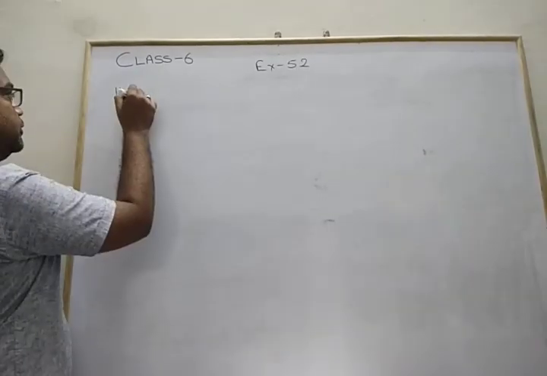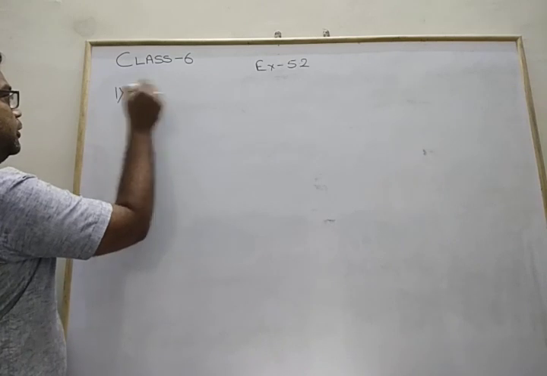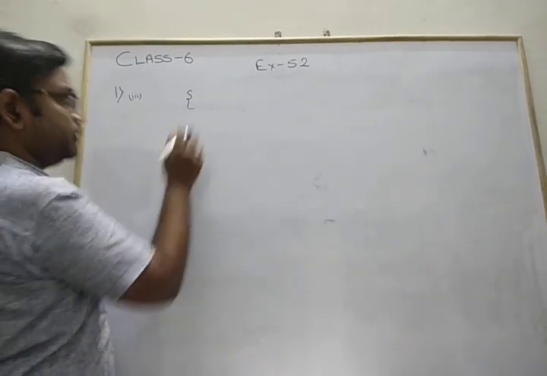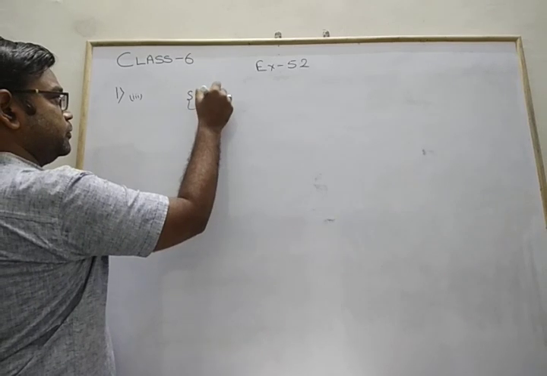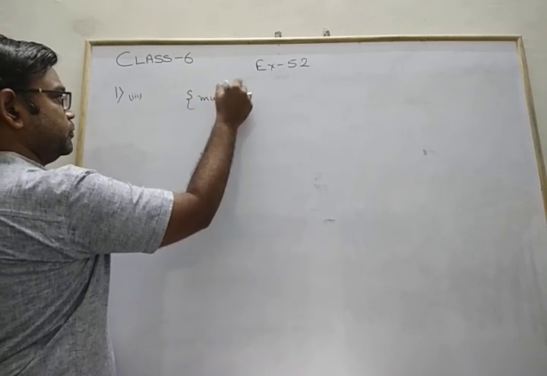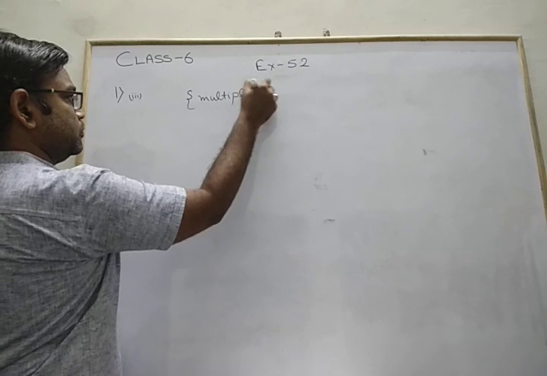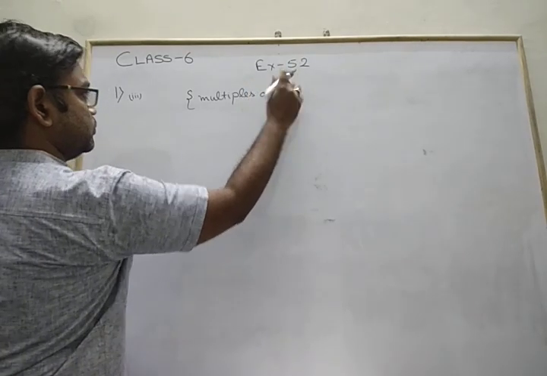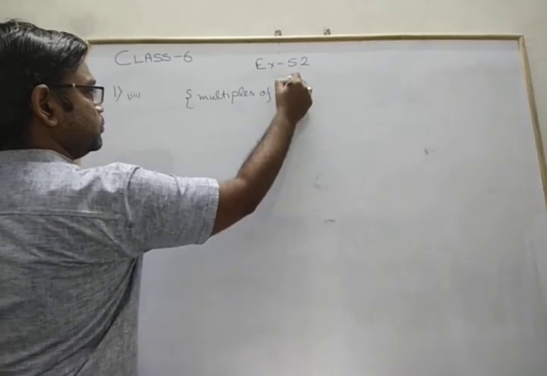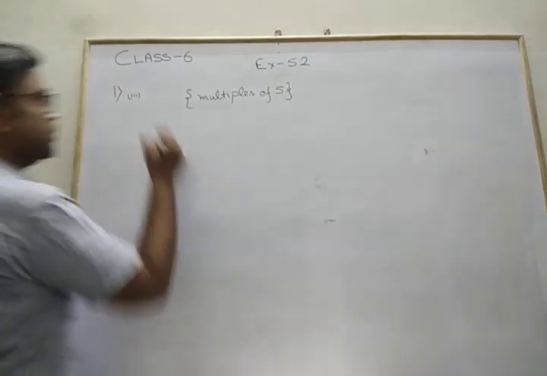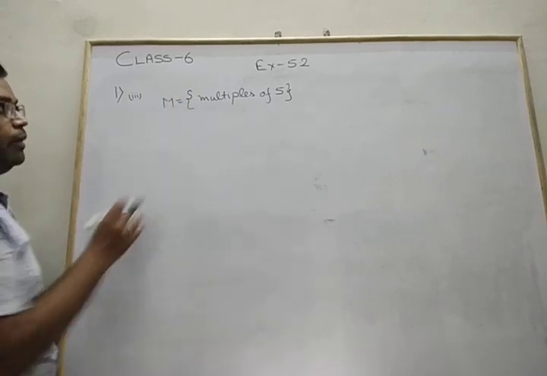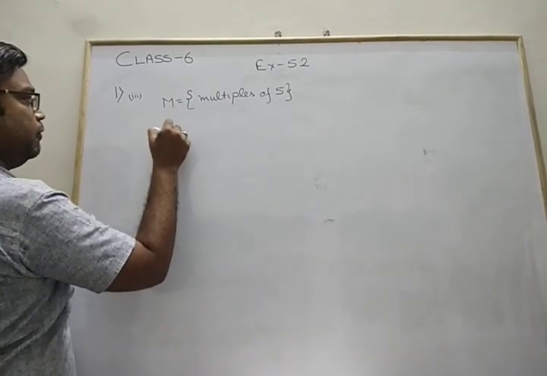In the third, it says multiples of 5. Give this the name M. M equals multiples of 5.